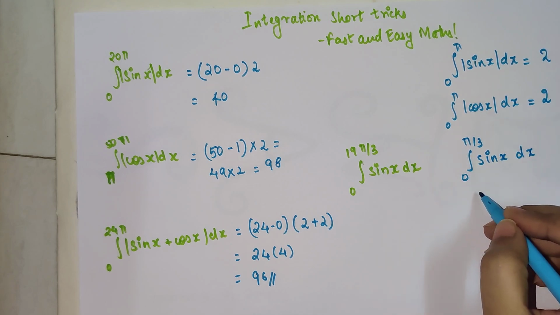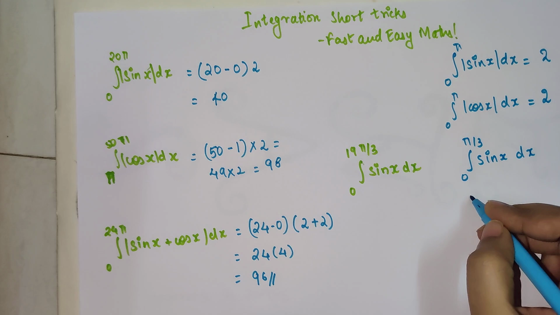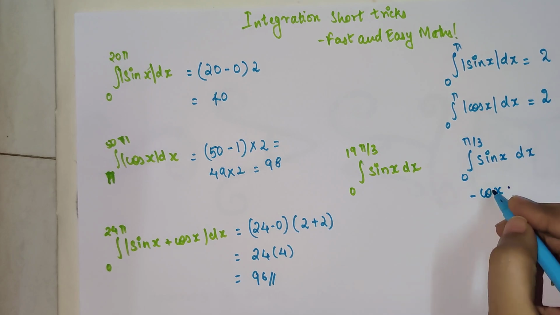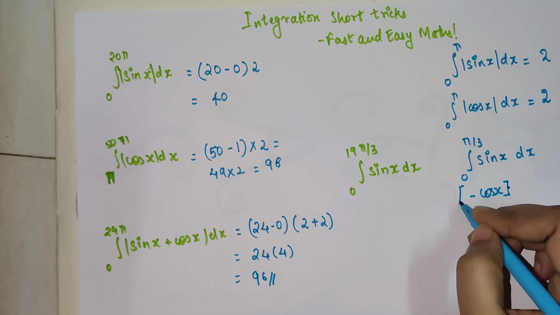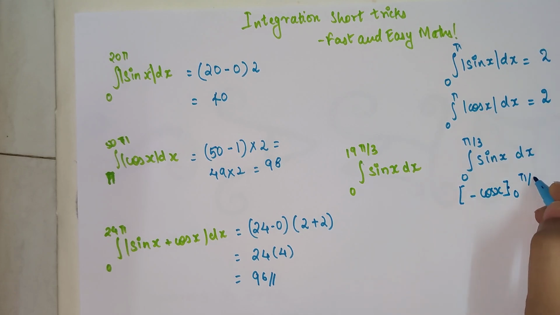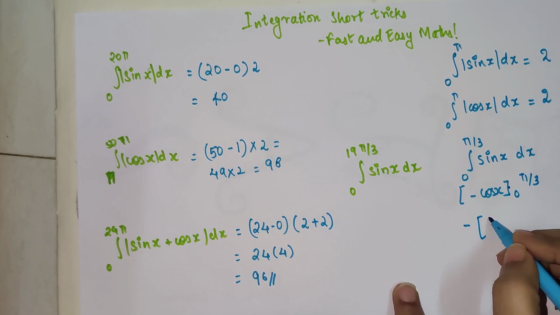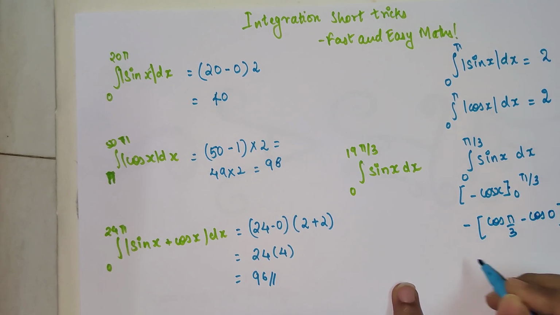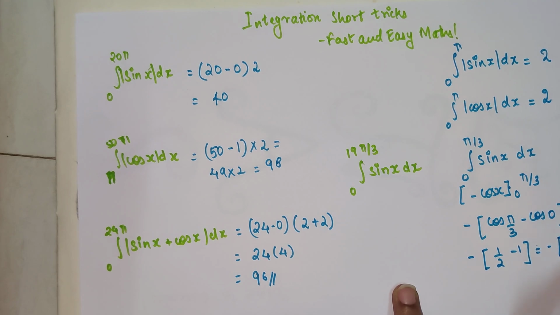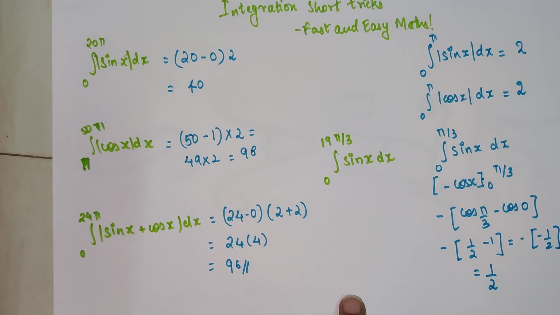The integration of sin x is nothing but negative cos x, to the limit of 0 and pi by 3. So here my answer will be negative of cos of pi by 3 minus cos of 0, which is negative of 1 upon 2 minus 1, which is minus of minus half, which is coming out to be positive 1 by 2, right?